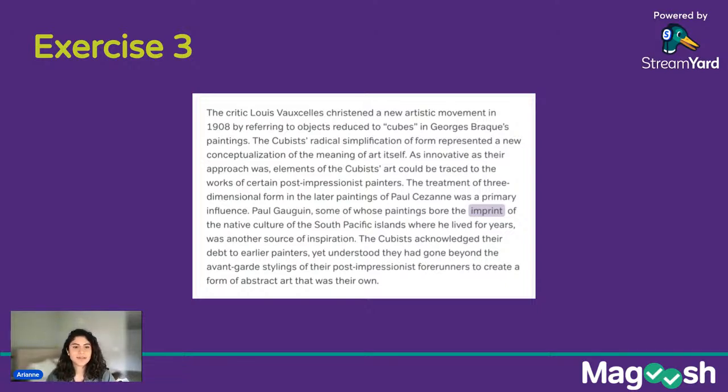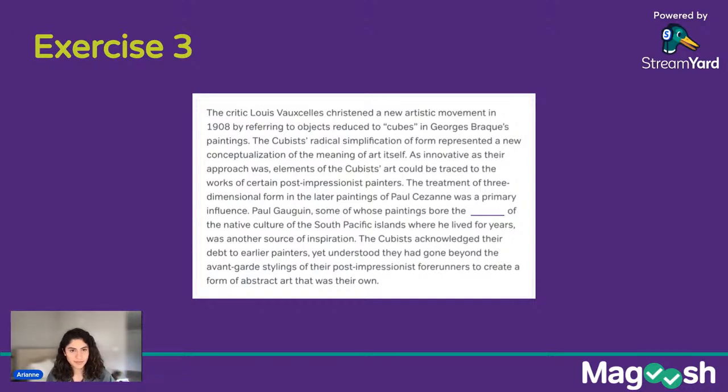Okay, so we're talking about Paul G., an artist who has paintings, and they bore blank of the native culture of the South Pacific Islands. All right, so paintings that take something from a native culture. We don't know exactly what it is, but we know that there is some sort of sign, some sort of indicator, right?